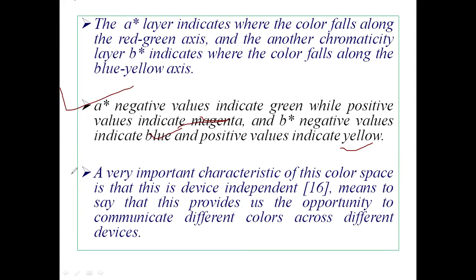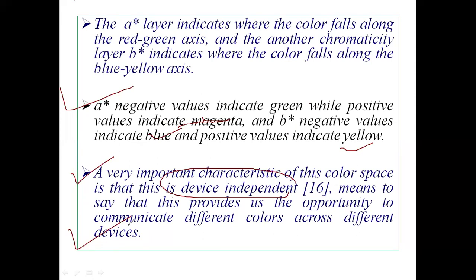Now, a very important characteristic of this color space is that it is a device independent color space. That is to say, this provides us the opportunity to communicate different colors across different devices. Some may ask you in an interview or viva why you have chosen this LAB color space for your research work or your particular task.